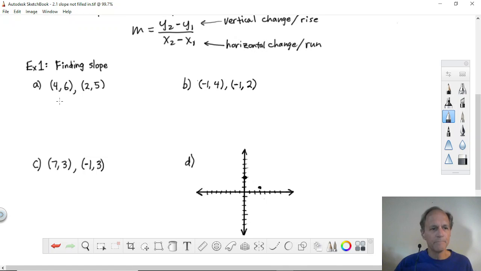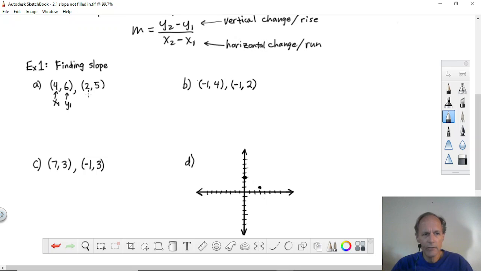Okay, so we have these 2 points. We do not have the picture, but that's okay. We're just going to calculate. So I'm going to go ahead and label this, okay? This one is our x sub 1, and then this is y sub 1.